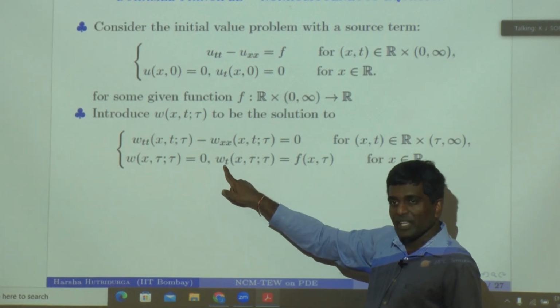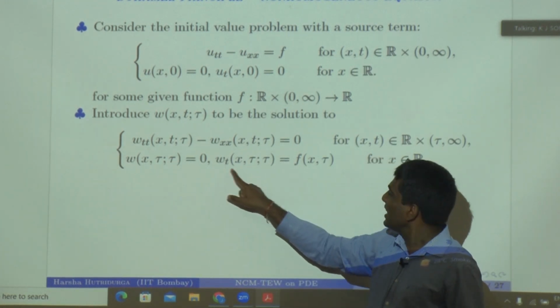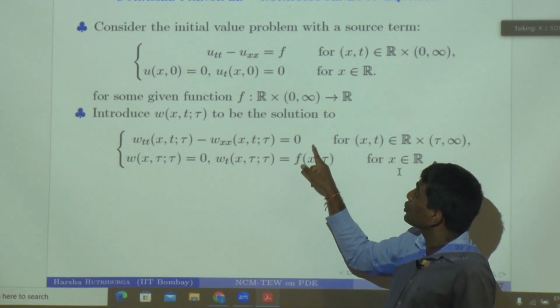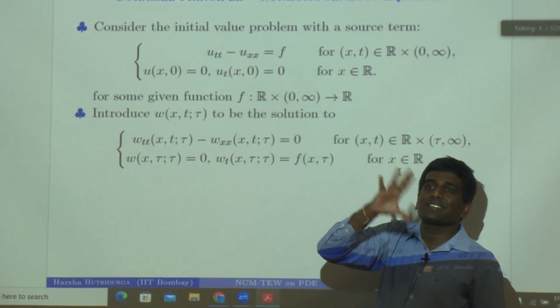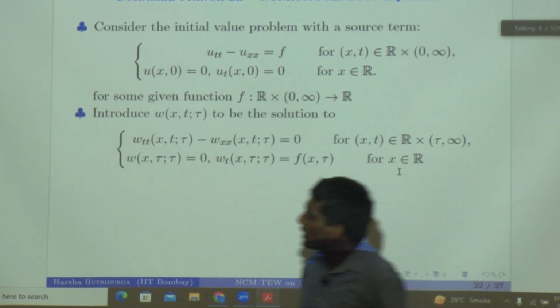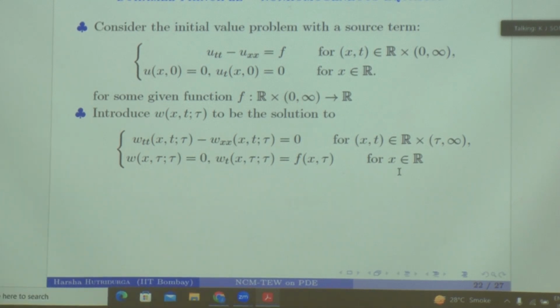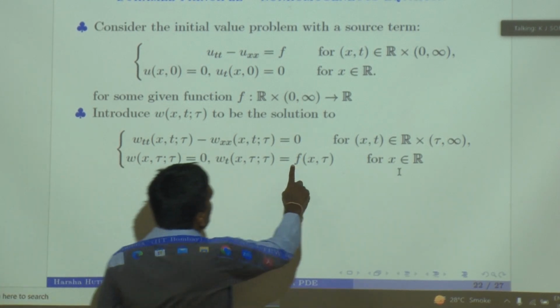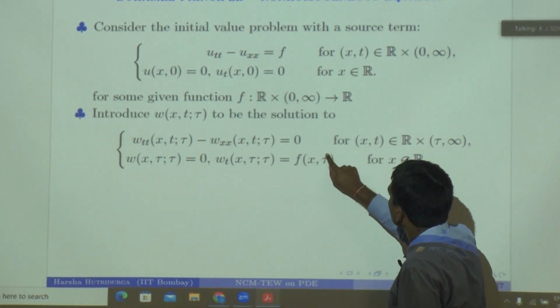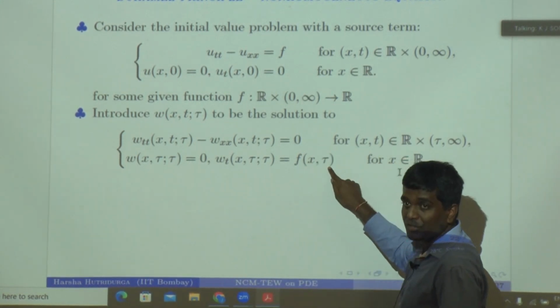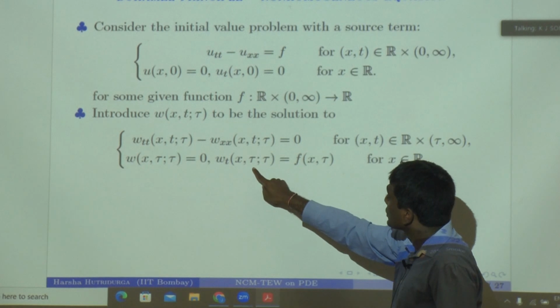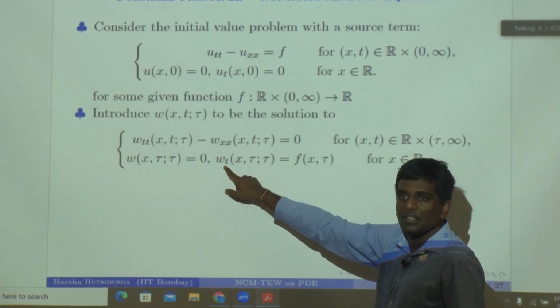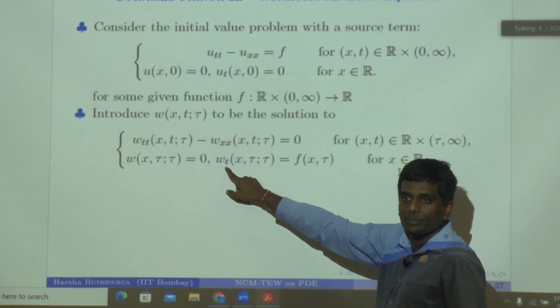But for the time derivative, that is the velocity, you assign the value of your source term, because this source term is a function of both x and t variables, so it will have a value when t is equal to tau, right? And that value you assign, because now when I fix t equal to tau, this fellow will become a function of the x variable. So that can go as a source term for the velocity here, the time derivative of w.